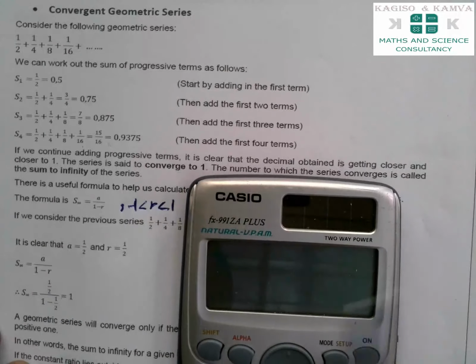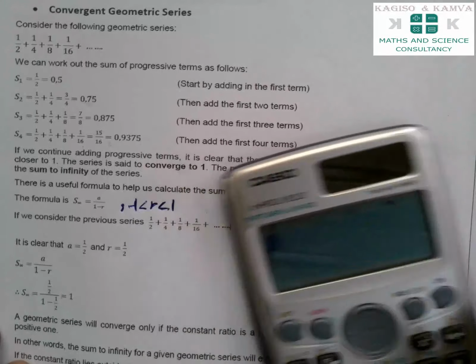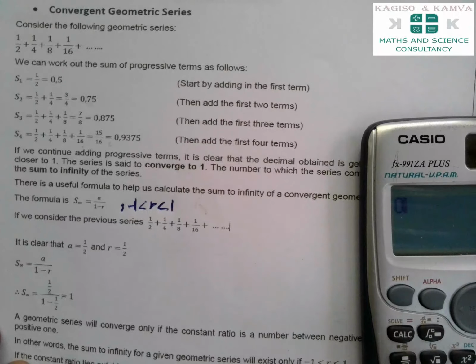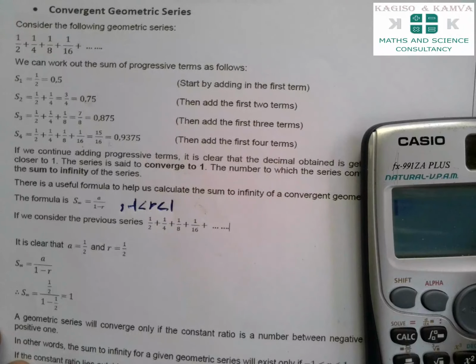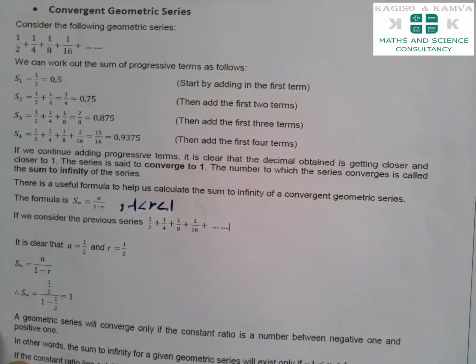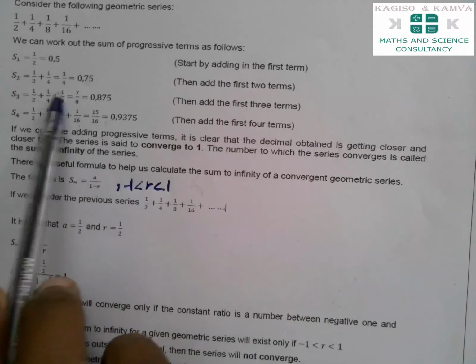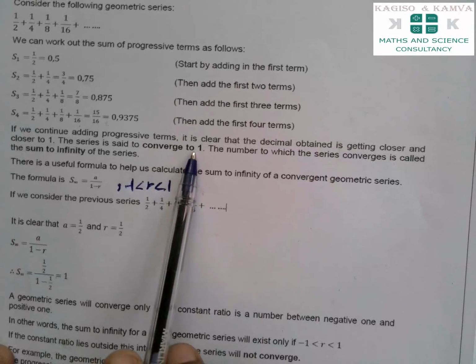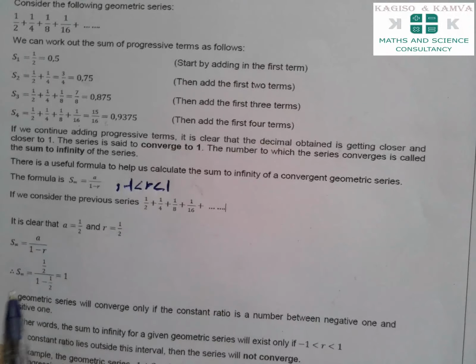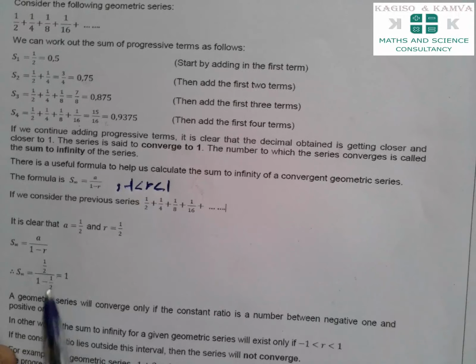Say if r is equal to 2, the number will continue getting bigger, so there is no certain number that the series approaches. In this case, our series converges to 1, so the sum to infinity of the series is equal to 1.